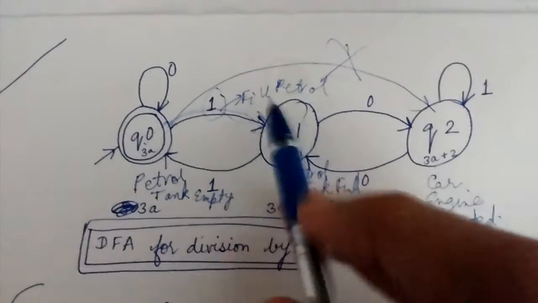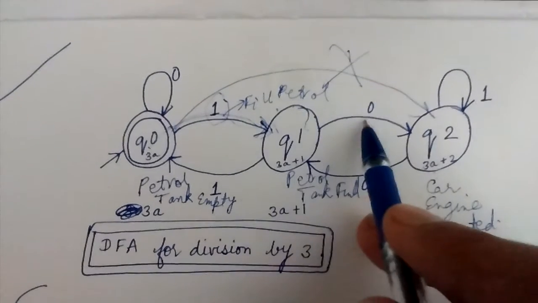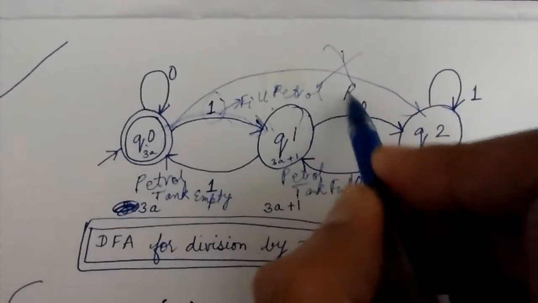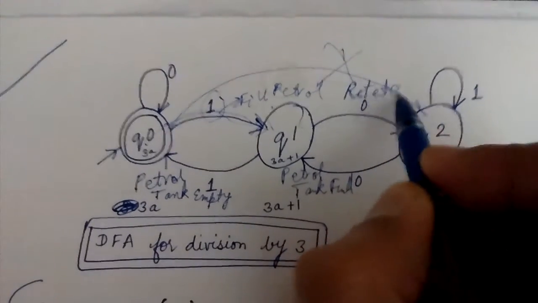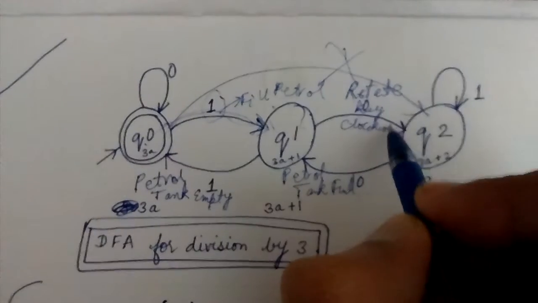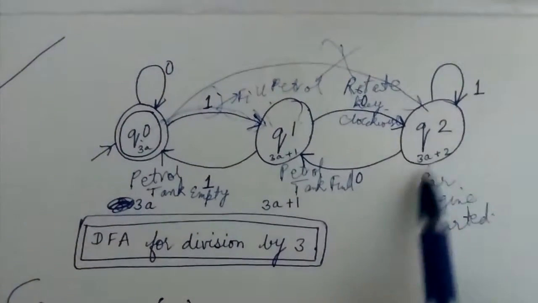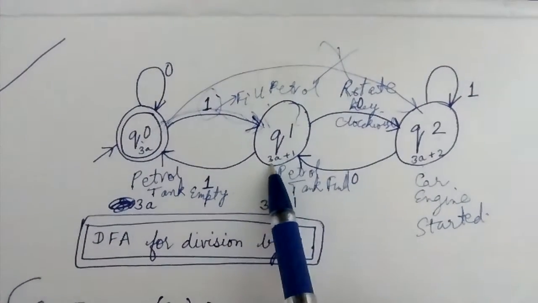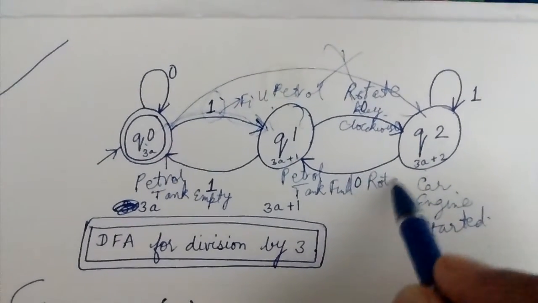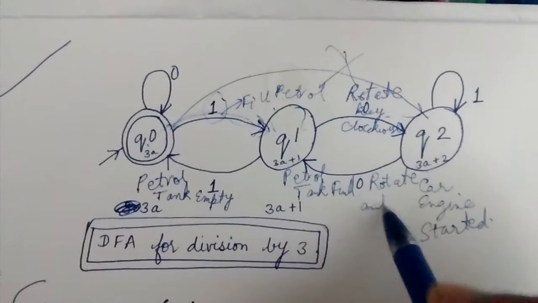When we have filled petrol, what next do we want to do to start the car engine? We rotate the key, clockwise or maybe anti-clockwise, whatever. How to stop the car? We again rotate the key anti-clockwise, in the opposite direction.